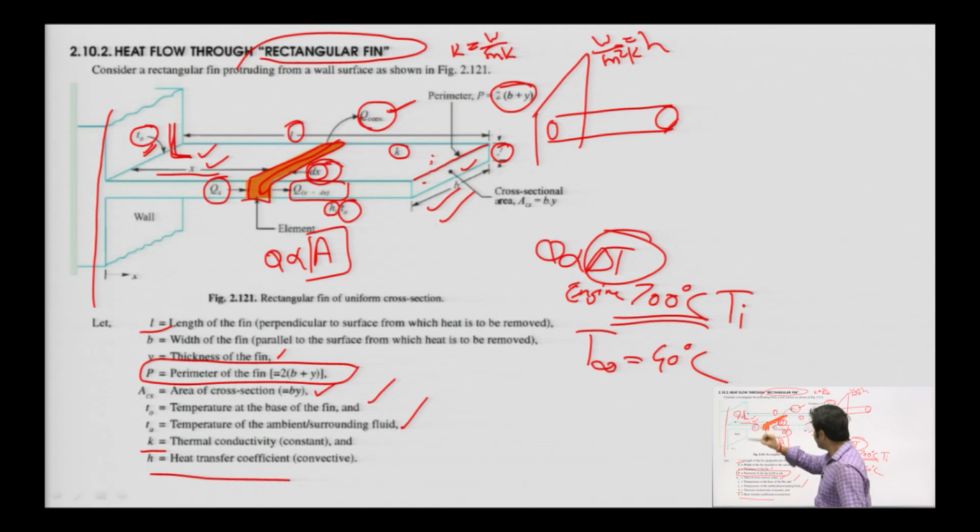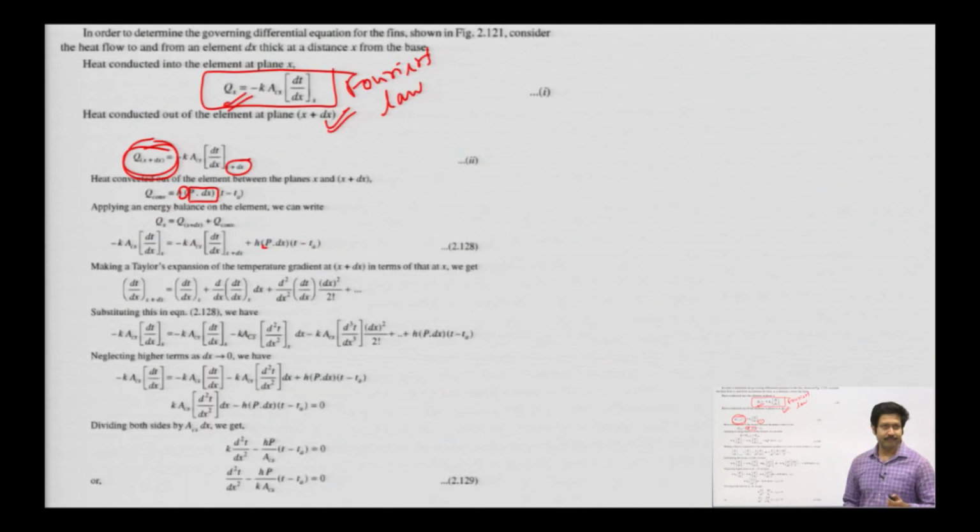Qx is coming into the element, Qx plus dx is coming out of the element, and Q convection is also coming out of the element. So the energy balance will be Qx equals Qx plus dx plus Q convection.